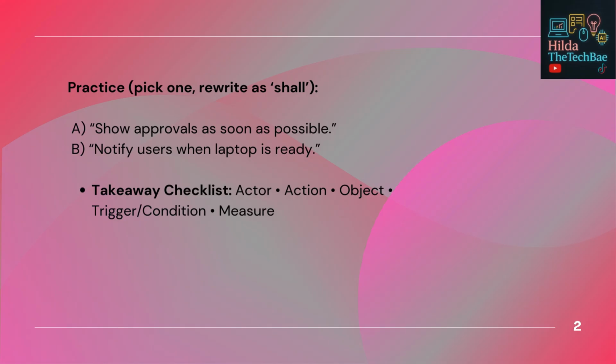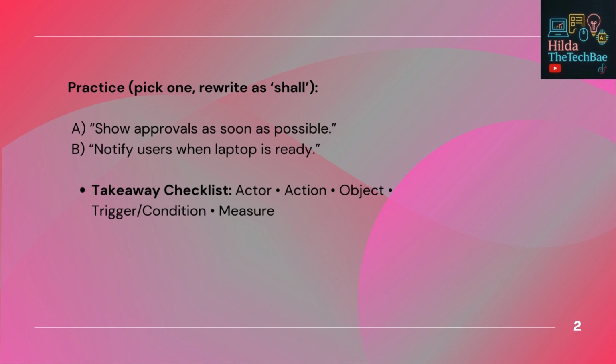Or for the B, the answer would be: the notification service shall send an email and in-app alert within 60 seconds of pickup date assignments, including location and checklist link.